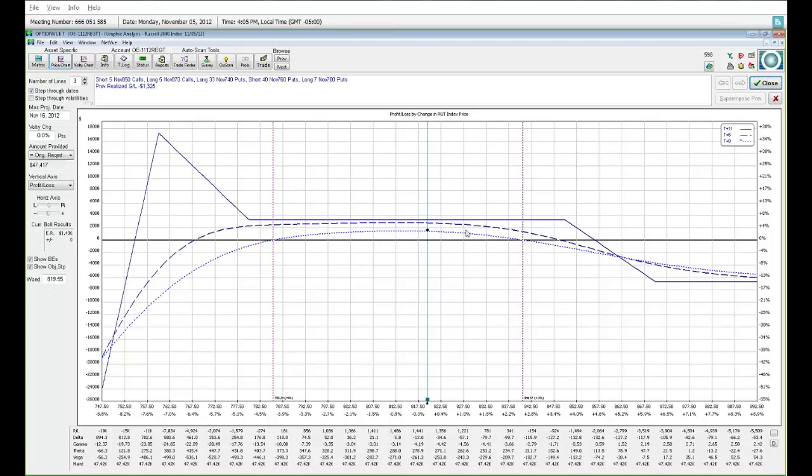So in essence, what we've done here is we've turned the price chart on its side, and we've represented our profit zone based upon the area of the movement of the stock. In this case, it's Russell 2000.